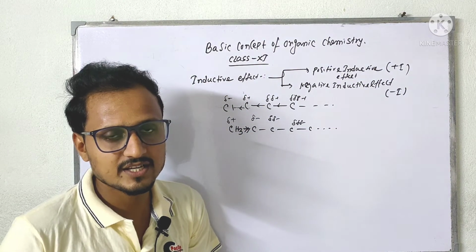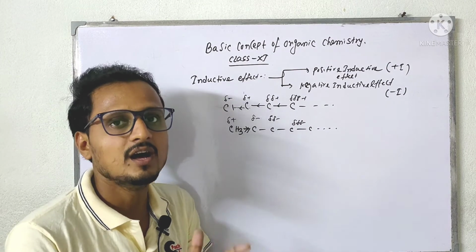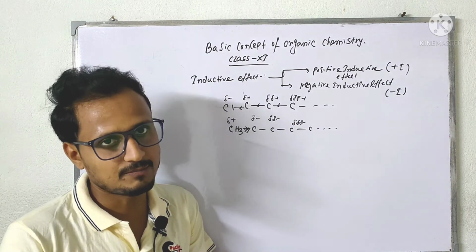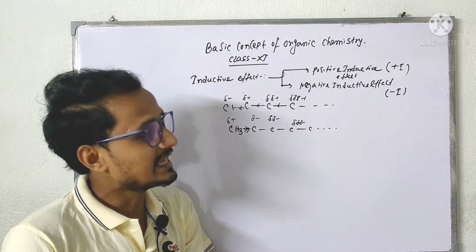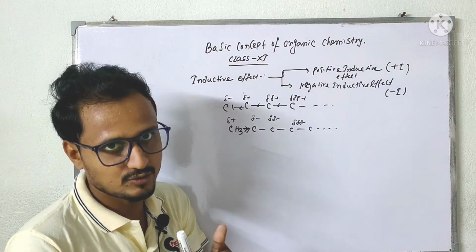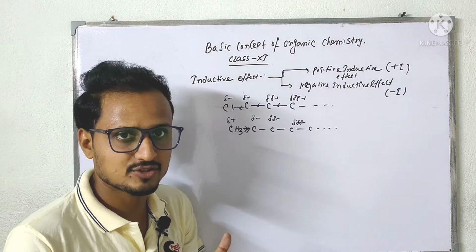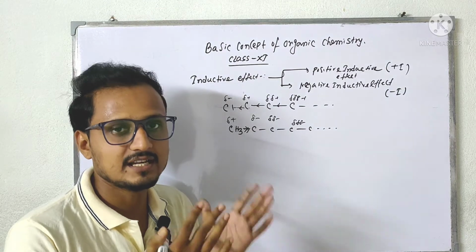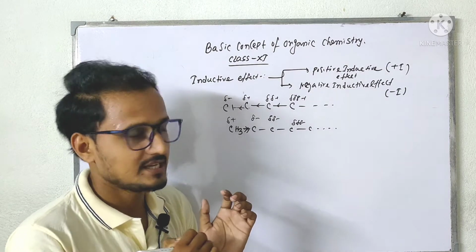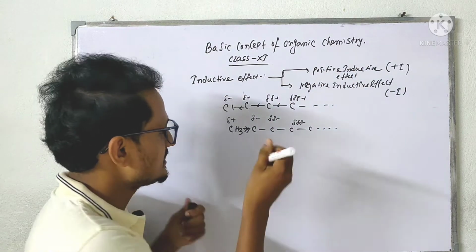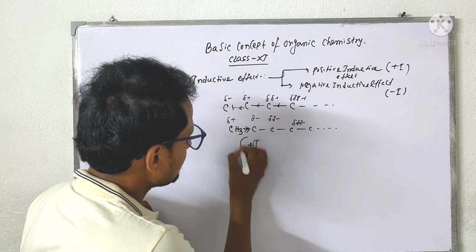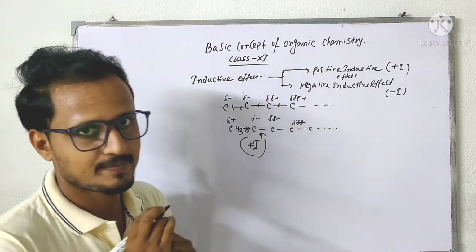It is the electron pushing effect. The tendency of a group or particular atom to push the bonded pair of electrons towards the neighbor carbons in a hydrocarbon chain is called plus I effect. This one is plus I effect.